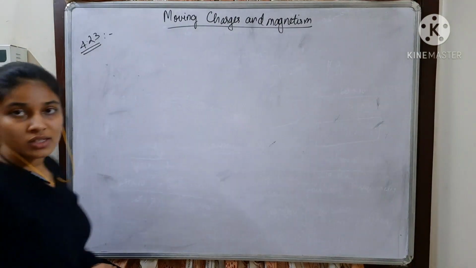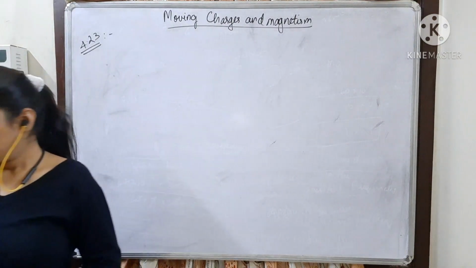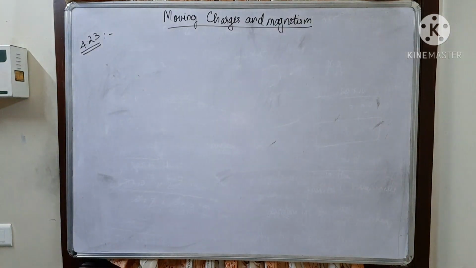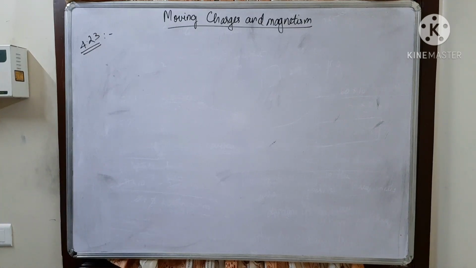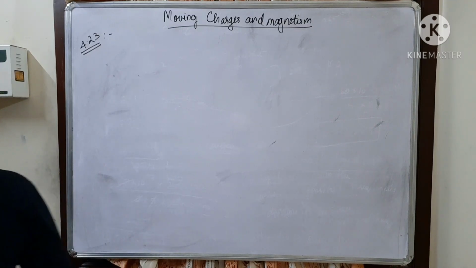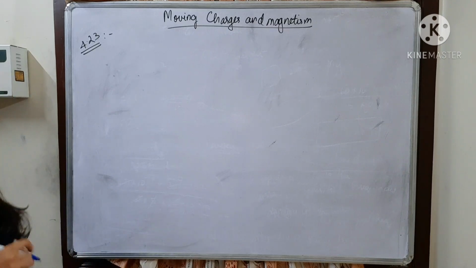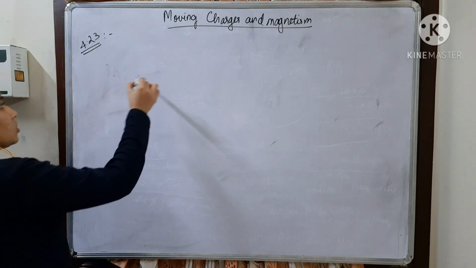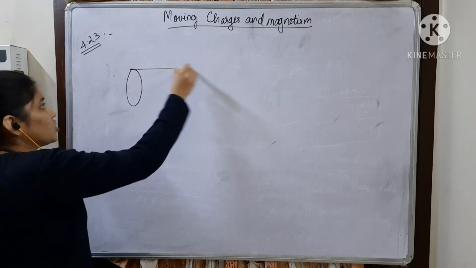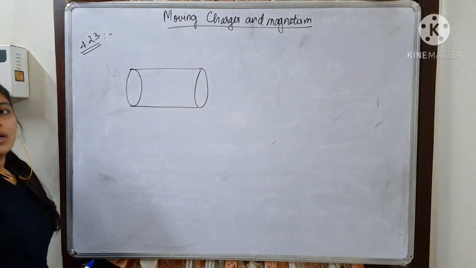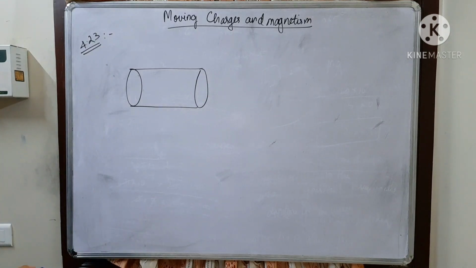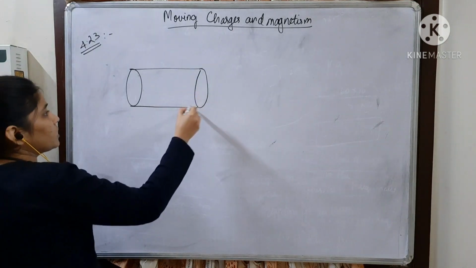Starting with the next question, 4.23: a uniform magnetic field of 1.5 Tesla exists in a cylindrical region of radius 10 centimeter. Now we have to very carefully understand this question. There is a cylindrical region in which the magnetic field is set up from the east to west direction.